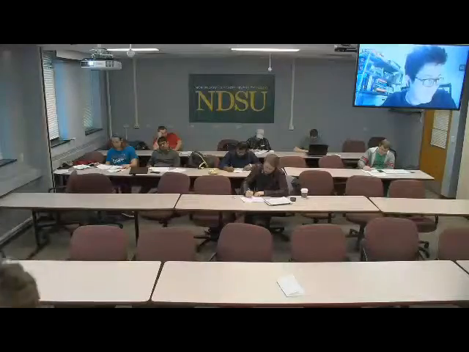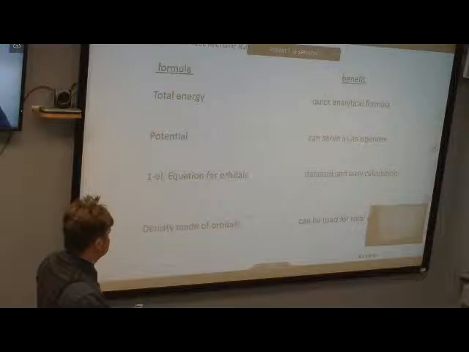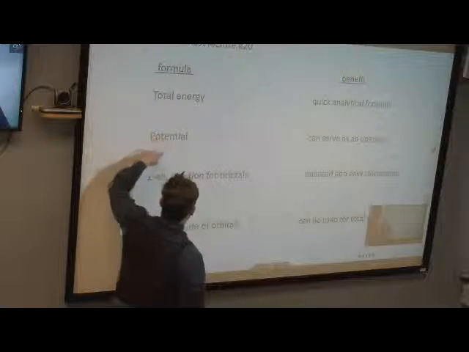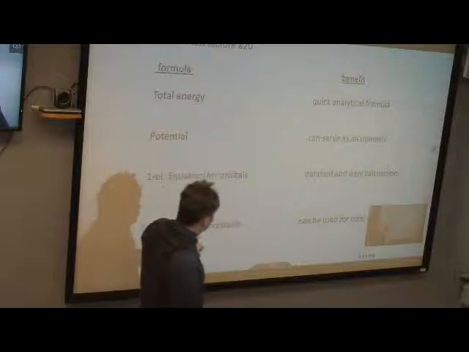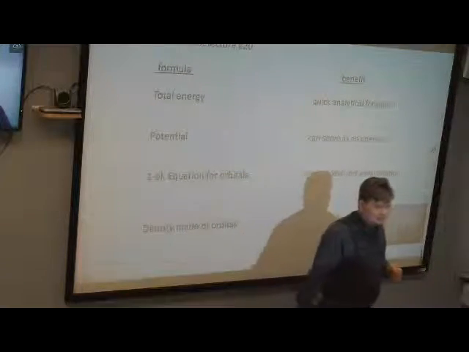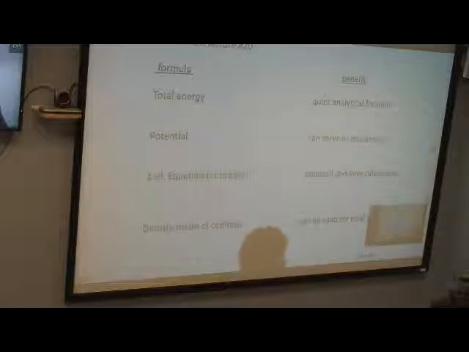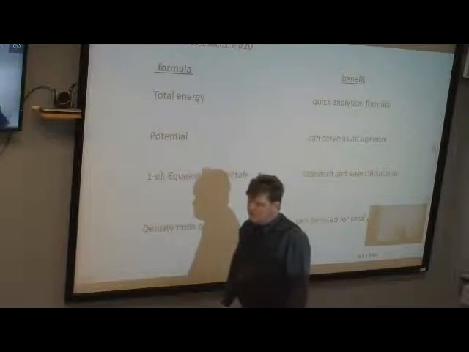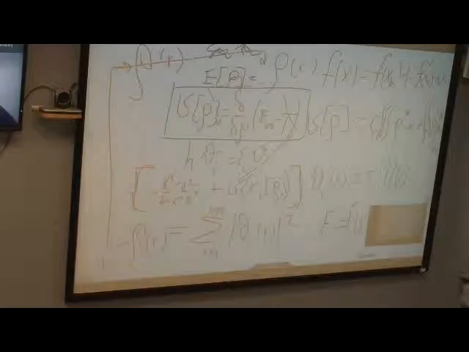So there are a couple of key features, key concepts: total energy, potential, one-electron equation for orbitals, density composed of orbitals, and you can try to reproduce it either based on your memory, or if you were taking notes, I don't mind taking it from the notes, and then do a brief explanation of what the benefits of this are.